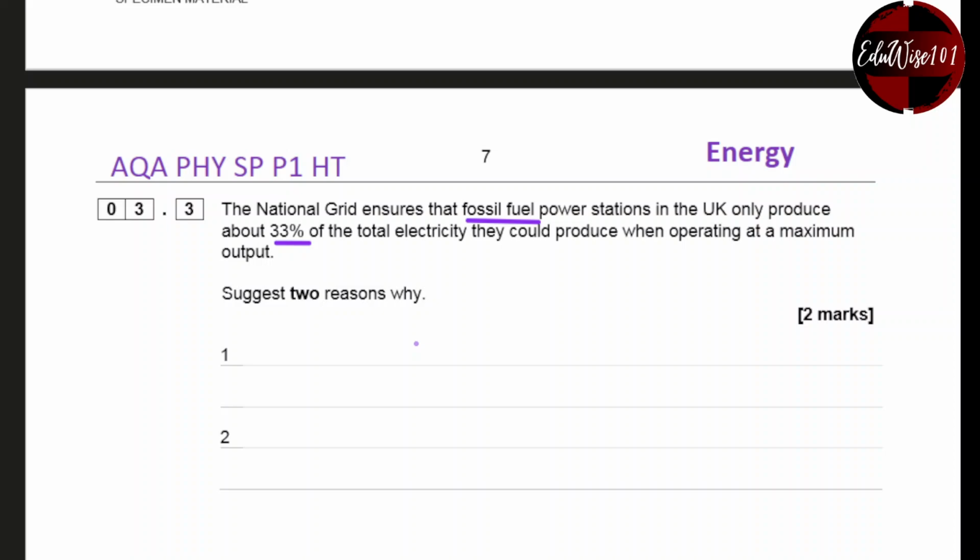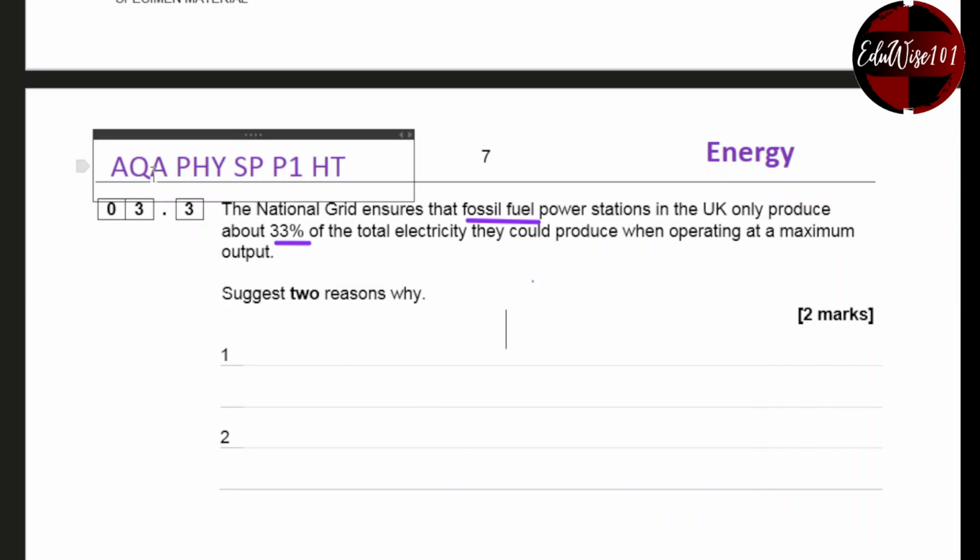Or you could say they're trying to save the fossil fuel, because remember, fossil fuels are non-renewable. So by making sure that they're only using 33%, the rest of the 67% could come from other sources like solar and wind.